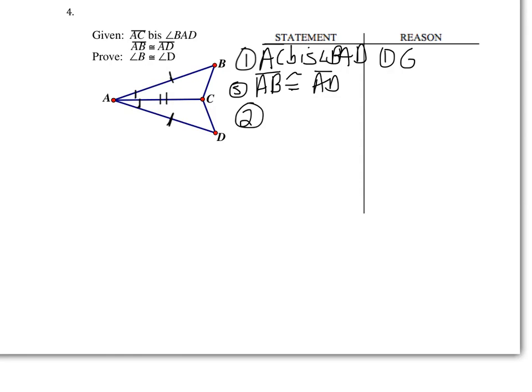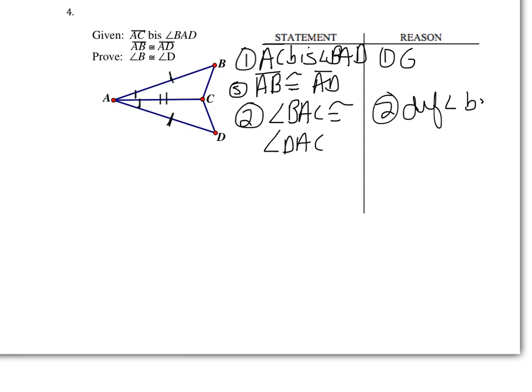All right, so going on to number 2. Knowing that AC bisects angle BAD, I know that it cuts it into two congruent angles. So I know BAC is congruent to DAC, and that's simply by definition of angle bisector.